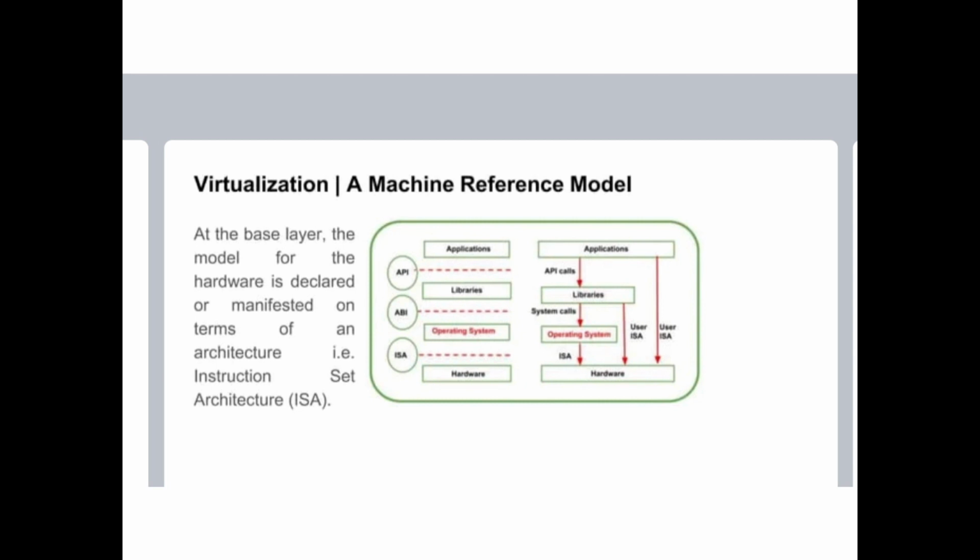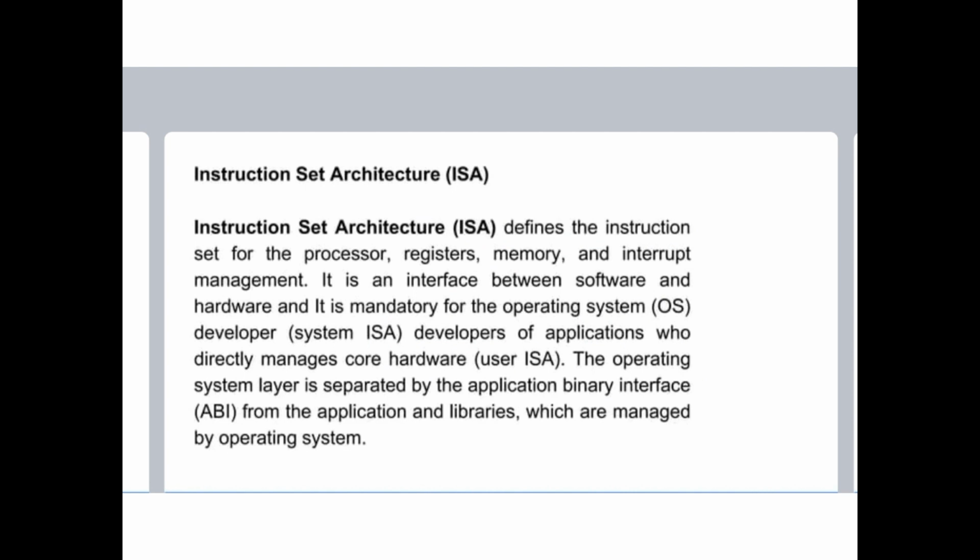In this diagram, ISA is related to the applications with system calls of user mode and kernel mode, and the hardware. Instruction set architecture defines the instruction set for the processor, memory, register and interrupt management. It is an interface between software and hardware, and it is mandatory for the operating system.